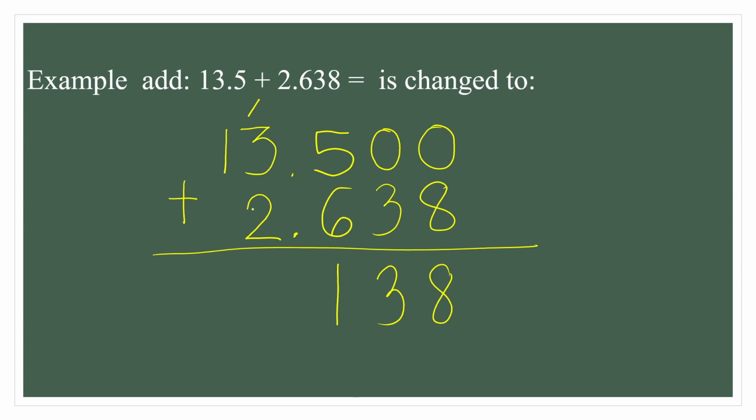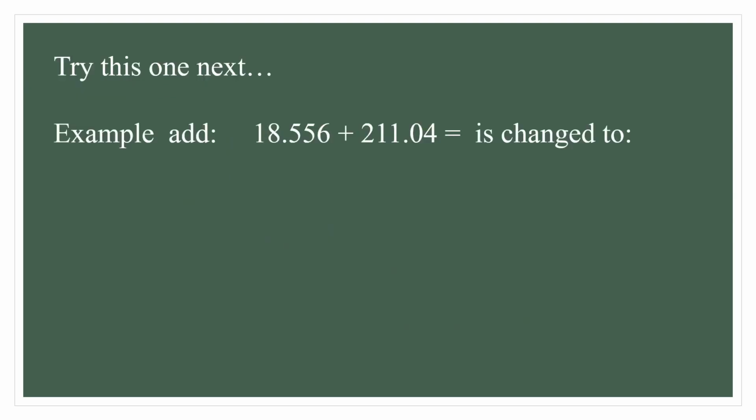And then you add 2, 3, and 1. How much do we get? 6. And do not forget to bring down the decimal point as well. And then 1. So this will be the answer for our first example. Is the first problem clear? Claro? Let's proceed to another example.